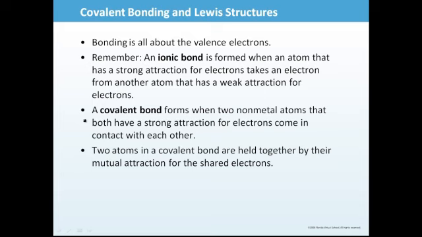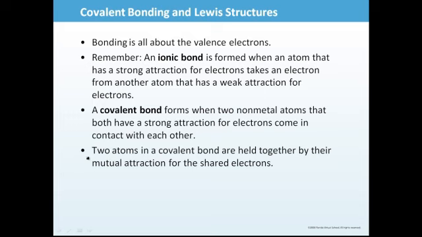So again, using our tug of war illustration, we've got two people with basically equal or close to equal strengths, and when they do that tug of war, nobody really wins. So what they end up doing is they basically compromise, and they share that electron instead of one taking it and the other one losing it. So there's a mutual attraction for those electrons, and they're going to share them.